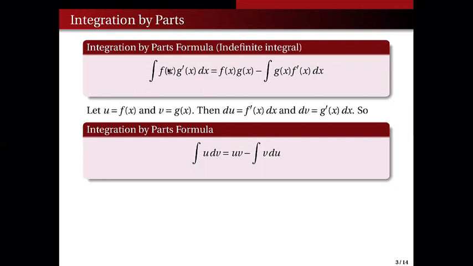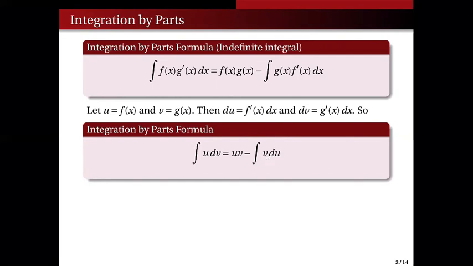So u equals f of x, that's this one here, and g prime of x dx is your dv. So you have the integral of u dv equal to f of x g of x, that's u times v, minus the integral of g of x, that's your v, and f prime of x dx, that's du.